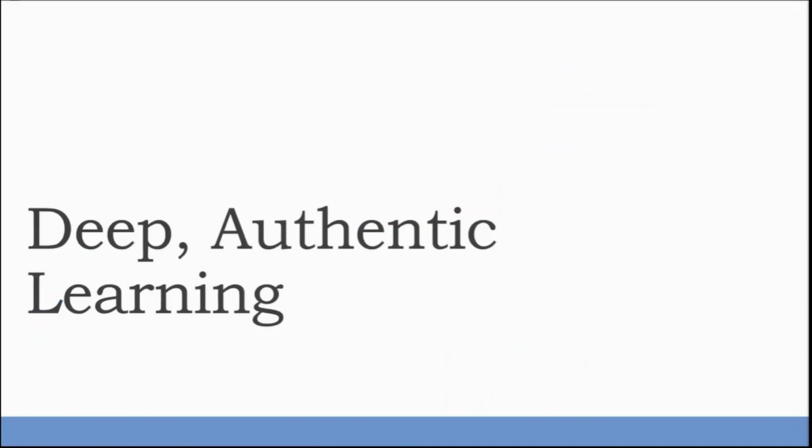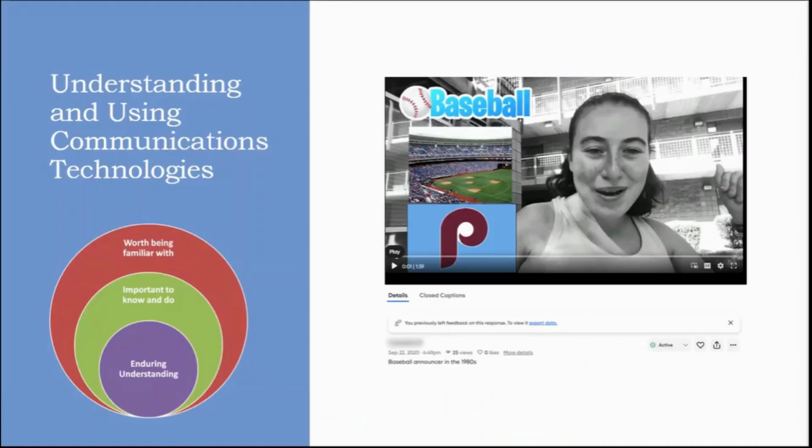So here are some more examples that I think go a little bit deeper than those. This is one I did with some students. It wasn't overly deep, but my enduring understanding was that I wanted my students to carefully consider how communication is affected by technologies.